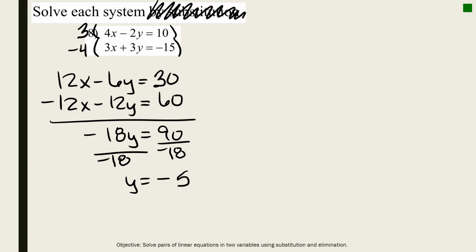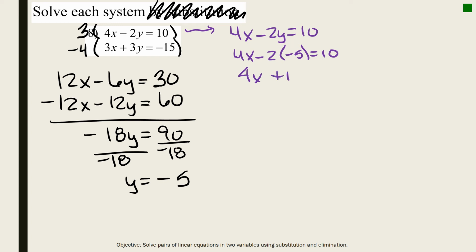I'm going to go back up into this top one. 4x minus 2y equals 10. 4x minus 2 times -5 equals 10. 4x plus 10 equals 10. Oh, I'm so glad this came up. You get 4x equals 0.